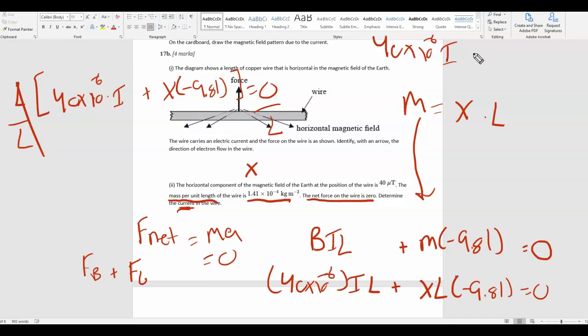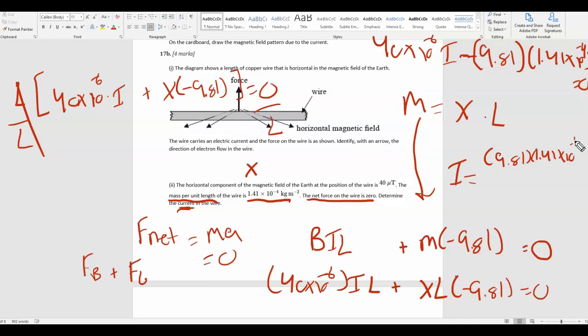Now I basically just have a basic algebra problem. So I have negative 9.81 times X, and X is 1.41 times 10 to the negative 4, and that's equal to 0. And so I is equal to 9.81 times 1.41 times 10 to the negative 4 divided by 40 times 10 to the negative 6.